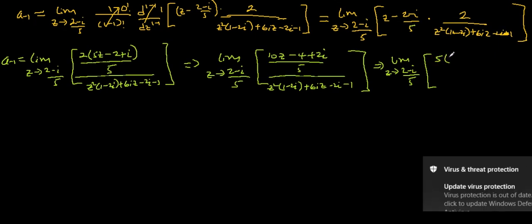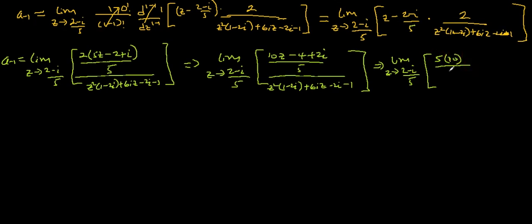If we do that here, we are going to have 10 divided by 5 raised to the power of 2 divided by, now we differentiate the denominator, which we are going to have 2z into 1 minus 2i plus 6i.